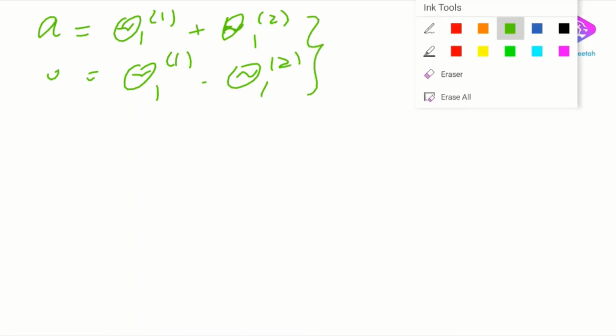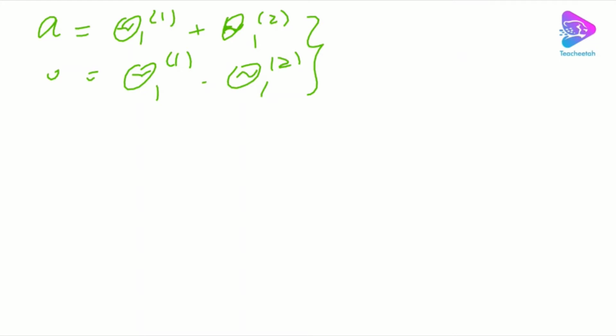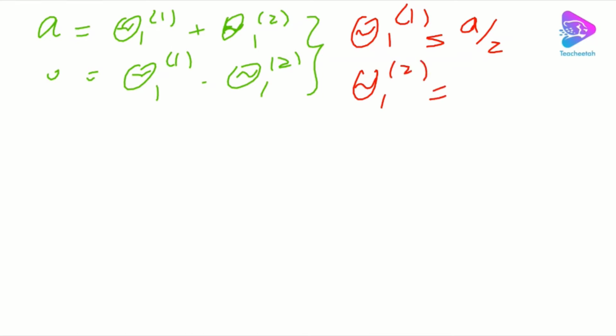Just take this to the other side and you can simply solve it. You can find theta 1 1 equal to A divided by 2, right? And if we do this, we can find theta 1 2 equal to A divided by 2 as well, so half of A.